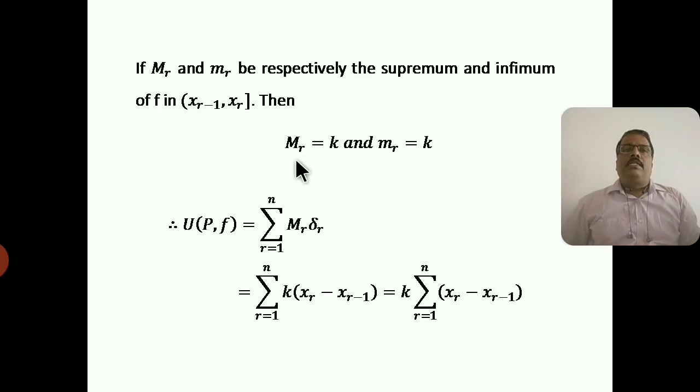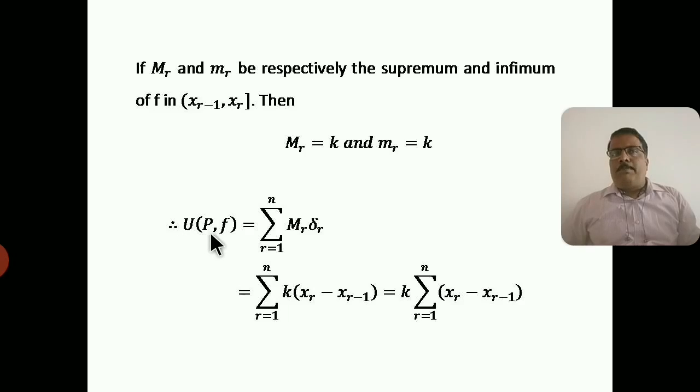Then clearly the function f of x is constant, that is k, and it contains only one element, k. Therefore its supremum is k and its infimum is also k. So capital Mr is k and small mr is also equal to k.